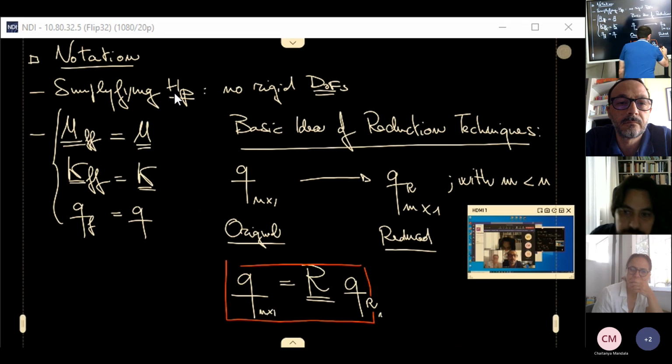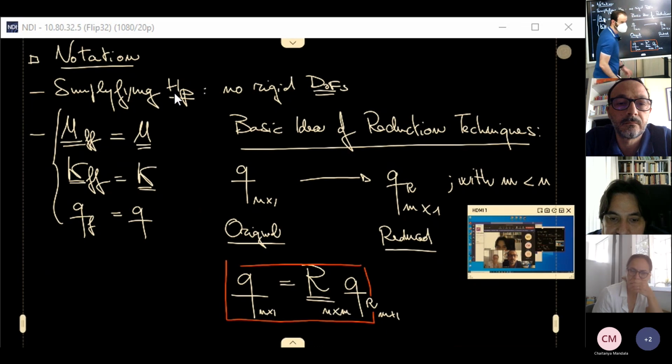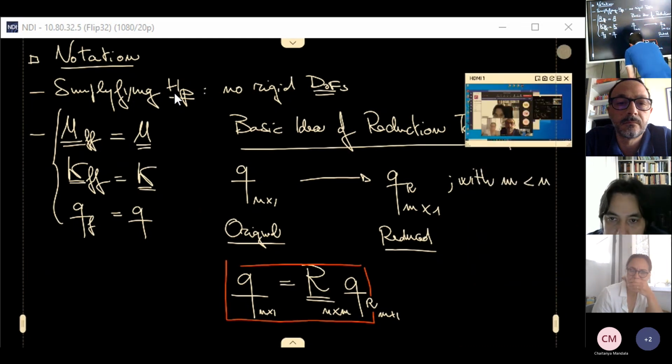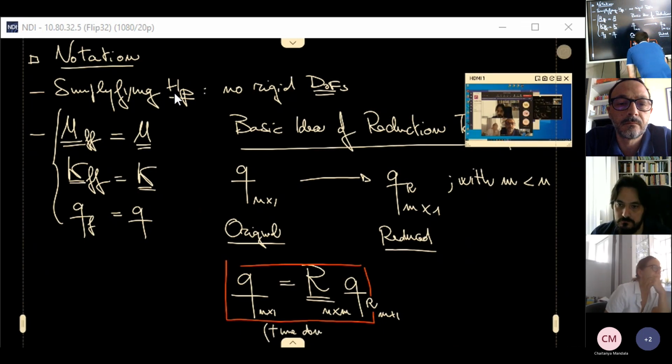This is an m times 1. So this is eventually an n times m matrix. So it's not a square matrix. Okay. So this is in time domain.